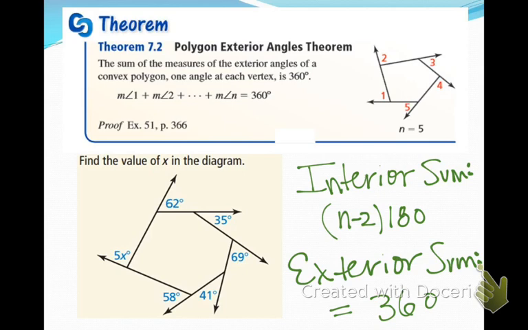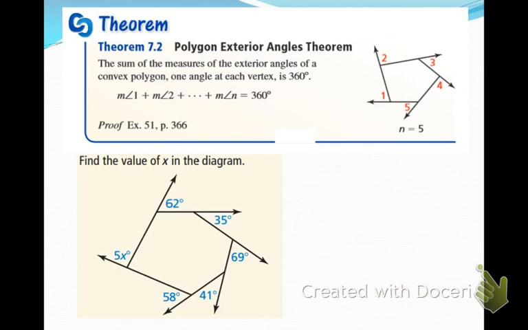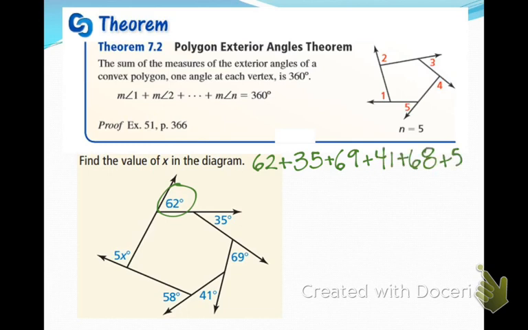Okay, so knowing this, it's very simple to solve, like the problem on our screen. Starting with 62, if you add them all together, 62 plus, you can read them to me, 35, 69, 41, 58.